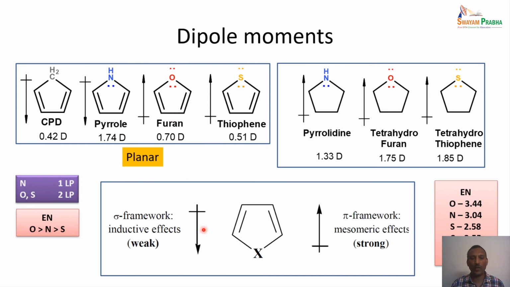And this is also very important when we want to explain the reactivity of pyrrole, furan and thiophene. So in the case of oxygen, the inductive effect is very high, whereas in the case of nitrogen, the resonance effect is more.